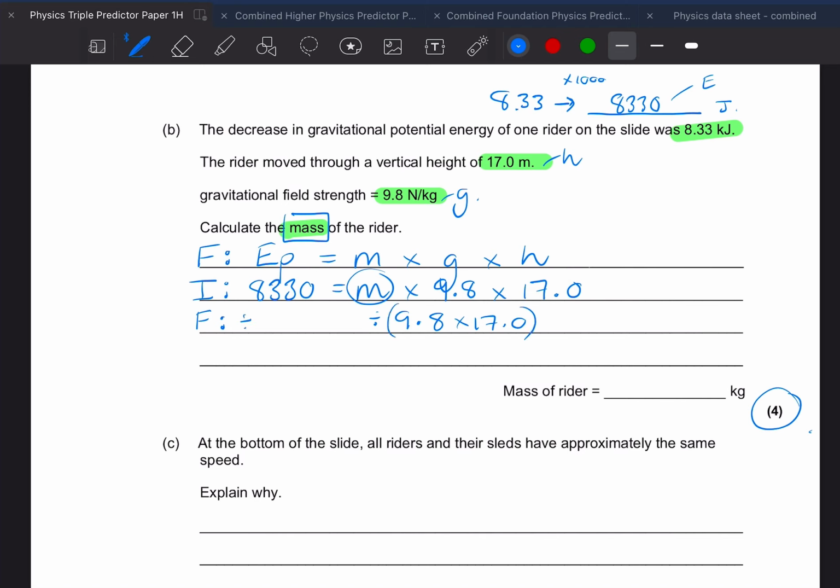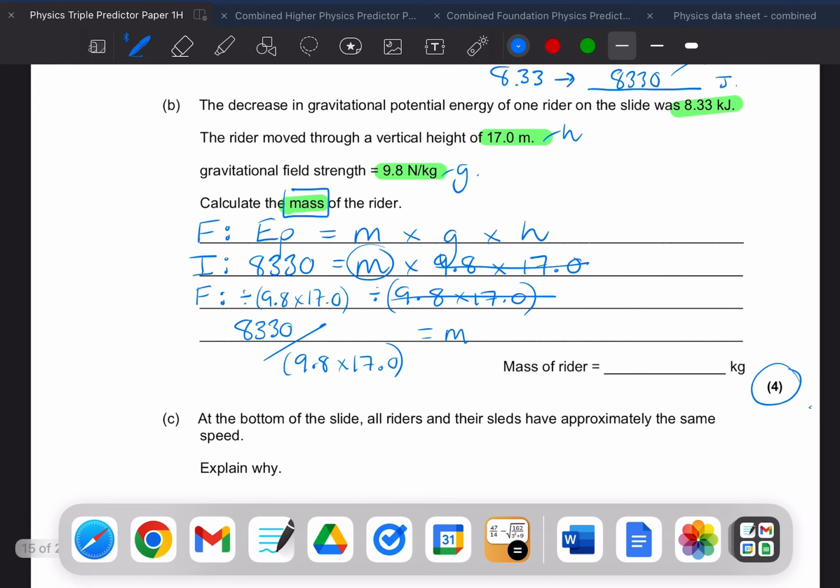We'll do the same on the other side, so divided by 9.8 times 17.0. And if we do that, that will rearrange it to be 8330 divided by 9.8 times 17.0 is equal to the mass, because 9.8 above and below, 17 above and below, so we can cancel that out. All right, so let's do that to get our answer.